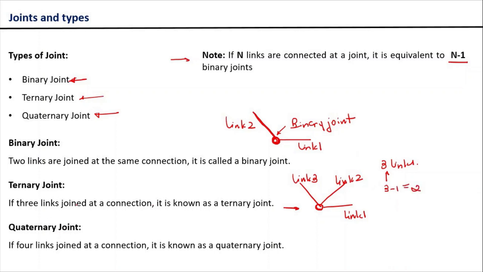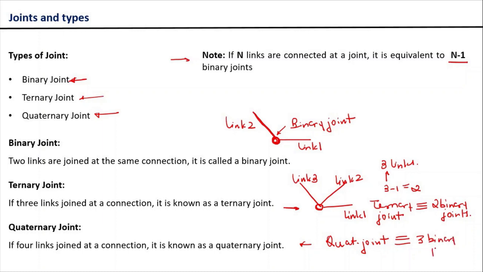So you can say that a ternary joint is equivalent to two binary joints. Similarly, a quaternary joint is equivalent to three binary joints. A very important point to remember.